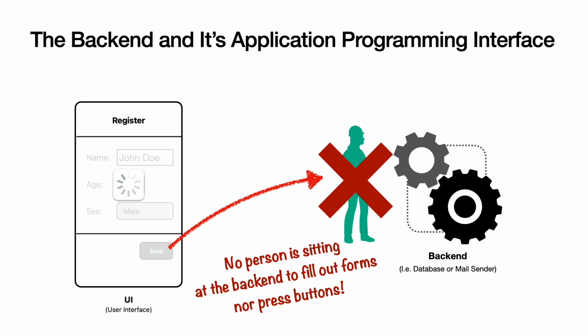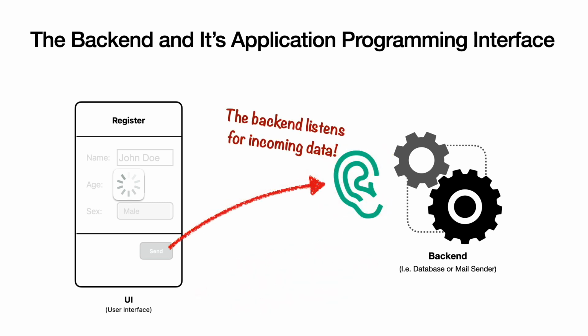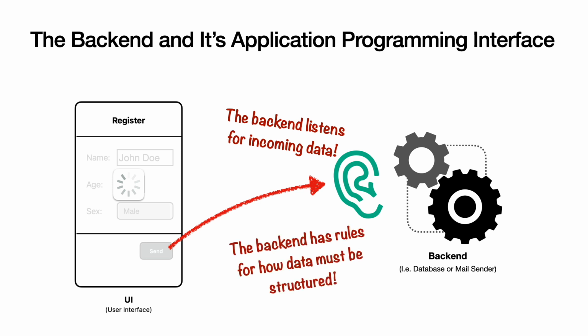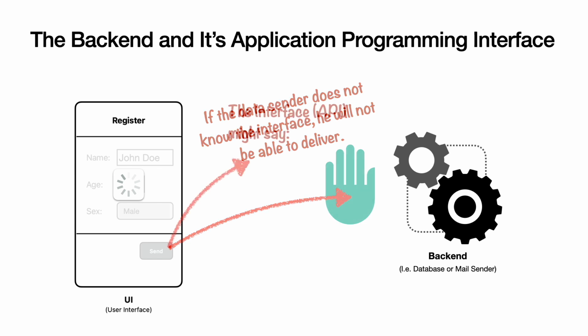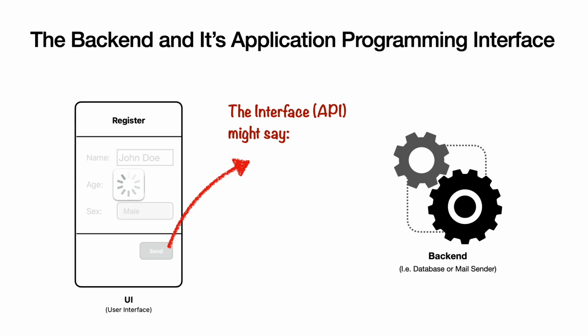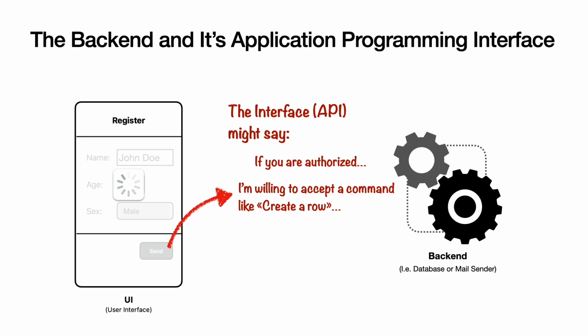Instead, the backend system listens for incoming messages, and this backend has got to have strict rules for how these messages are to be structured. If the sender does not know what the interface is capable of doing and how to command it, he's out of luck. The interface does not communicate like people normally do, but developers might understand it like, if you are authorized, I'm willing to accept a command like create a row.